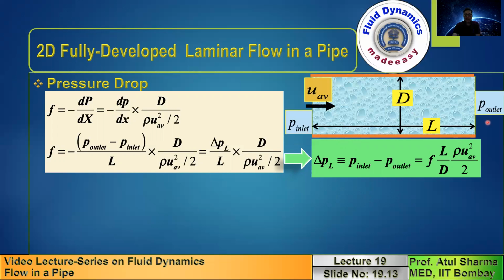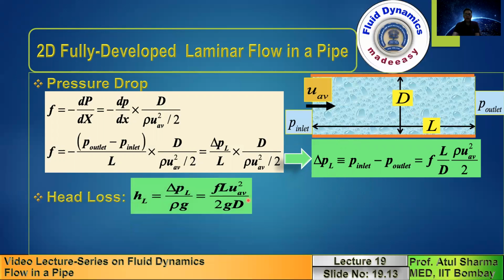Now, to obtain the head loss, we divide this pressure drop by rho g. So this is the loss of the head or height which could have been used for lifting the fluid from a lower level to a higher level.